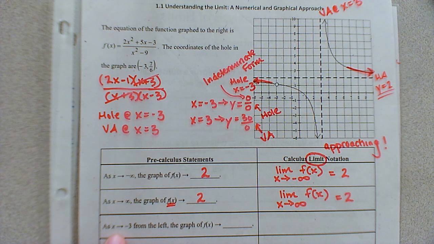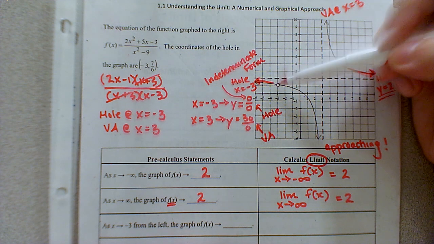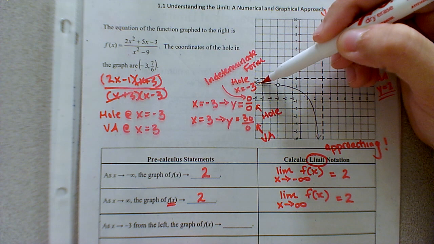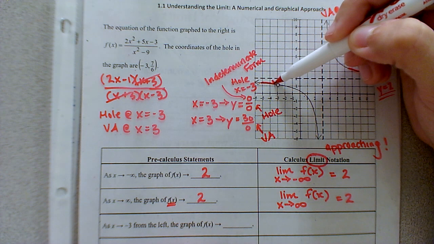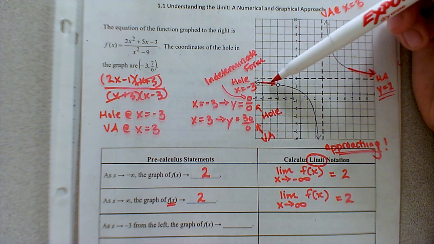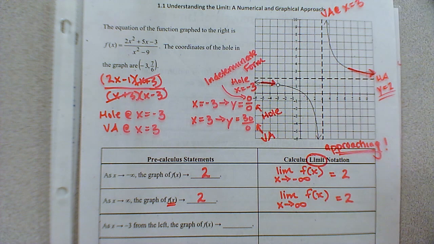All right, let's try this one. As we approach -3 from the left, what does the graph approach? So here is our -3 location. I'm going to erase this. As we trace the left-hand side, notice how we are getting closer and closer and closer to this hole. And this hole has a y value of 7/6.